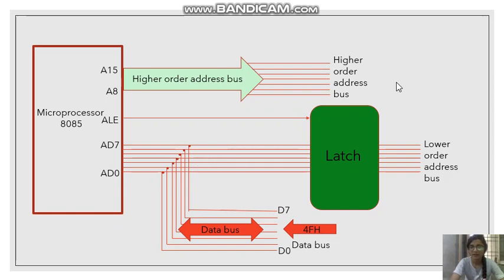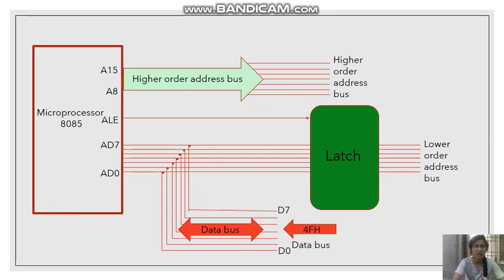In the end, our memory will get the location half from the higher order address bus and half from the latch itself, not from the address bus. Once our memory is ready to be read, it will put the data back on the data bus, that is 4FH, and then our microprocessor will receive the data.